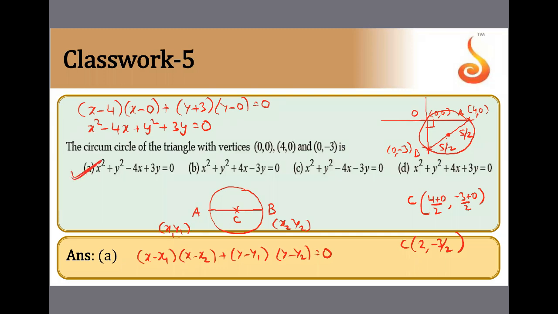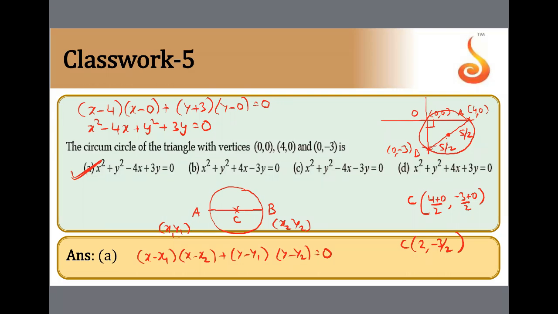So I repeat once again: x1, y1, x2, y2 are extremities of diameter. Then equation of circle will be x minus x1 into x minus x2 plus y minus y1 into y minus y2 is equal to 0. Clear? Because it is a right angle triangle, AB will be the hypotenuse.